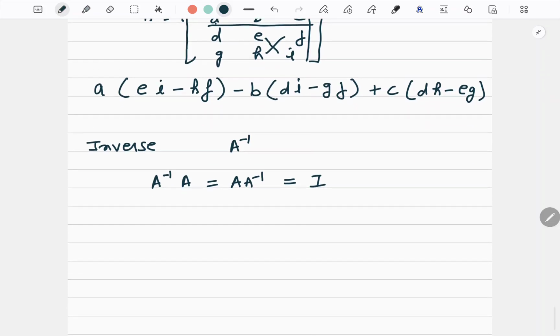Now how do I find the inverse? The method to find the inverse is A inverse is equal to adjoint of A upon determinant of A. So now you know how to find the adjoint, you know how to find the determinant, so we can find A inverse also, right? So it's like find the adjoint, find the determinant, divide, and you will get the answer.